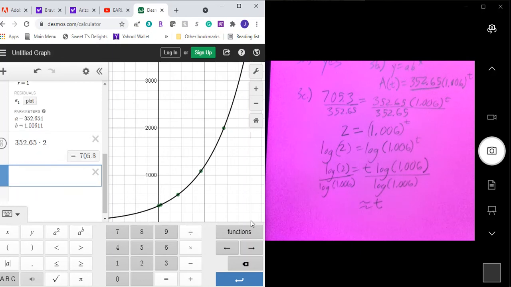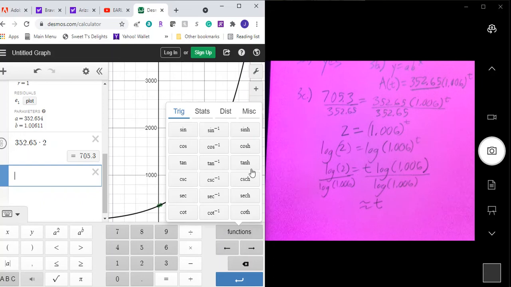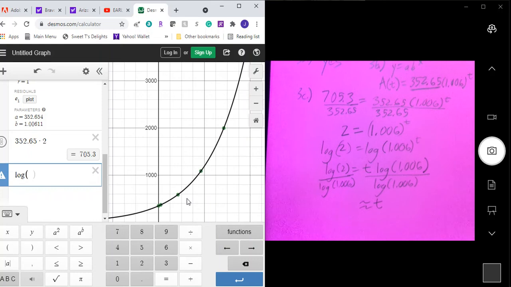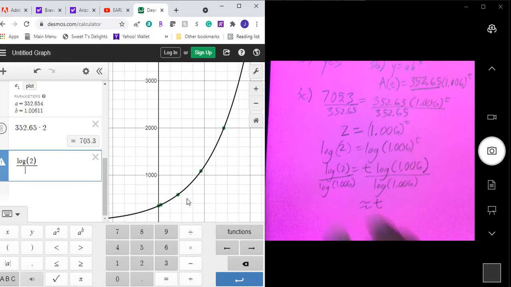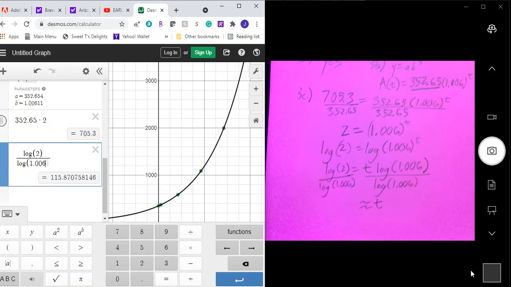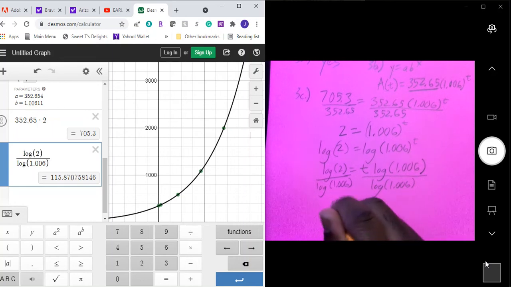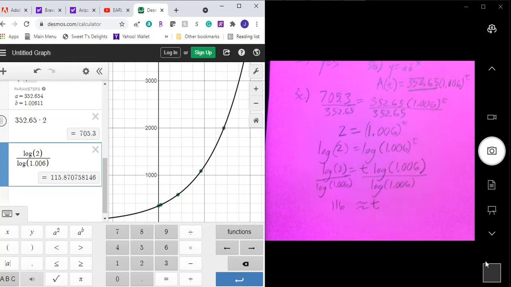We'll go to functions, go to miscellaneous, and we have log, and then it'll be log 2, close that parenthesis, hit our division sign, and then log 1.006, and close our parenthesis. Now, if we round this to the nearest year, it'd be approximately 116. So it'd be 116 years after 1990.